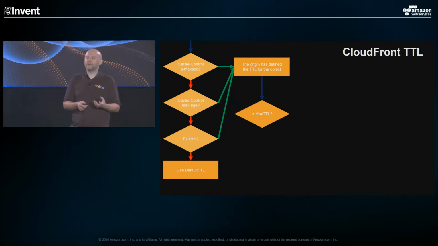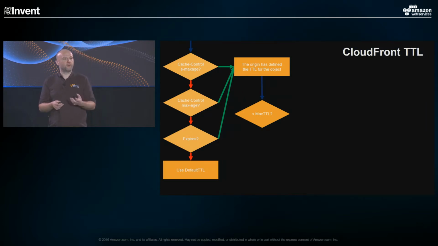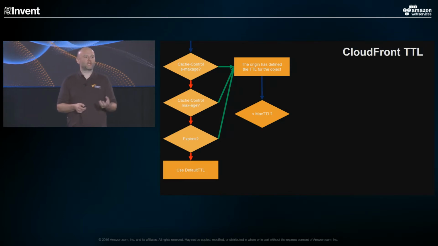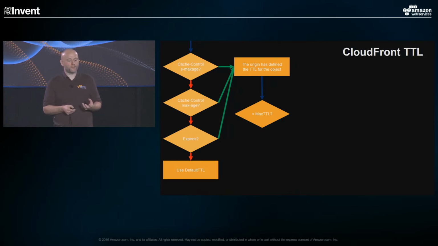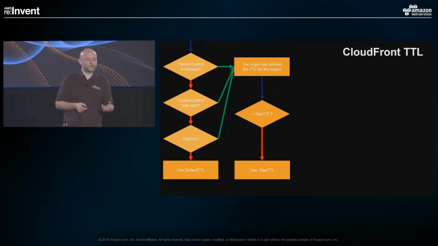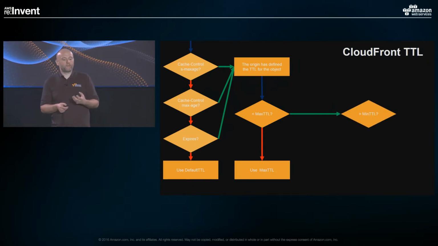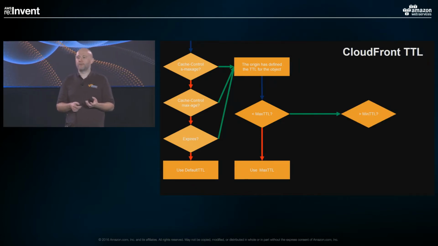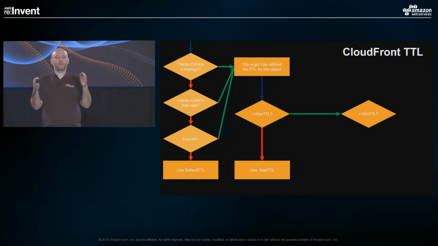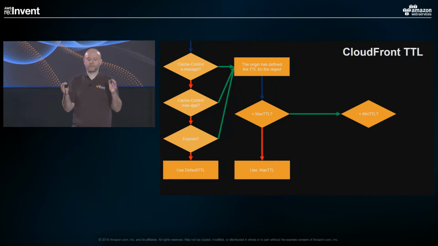But within the TTL defined by the origin, we can start to put limits on that. Maybe we want to limit the maximum value that TTL can be. So there's a configuration called max TTL, and there's also one called min TTL, the minimum TTL. So we can constrain the range of TTLs that CloudFront uses.